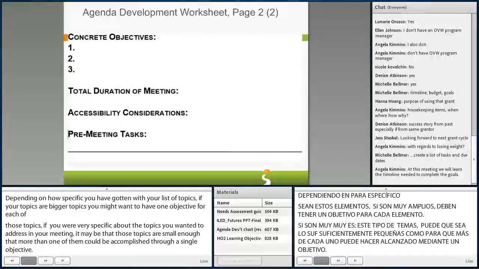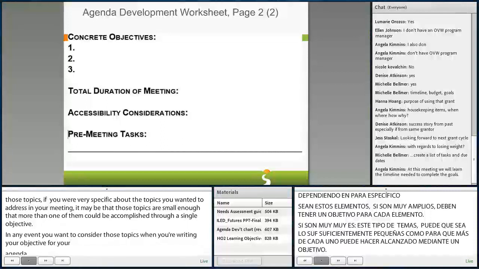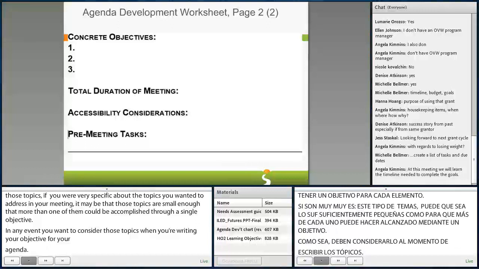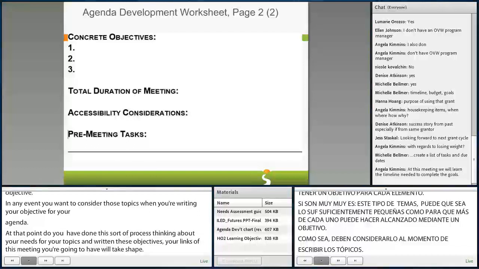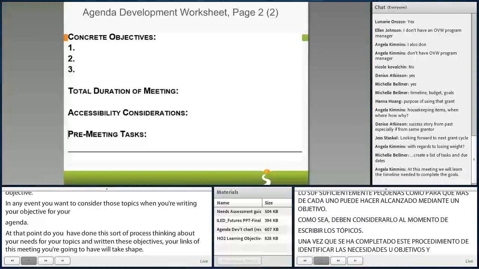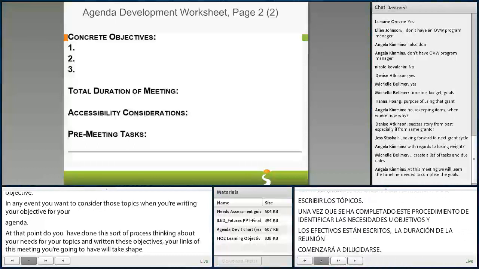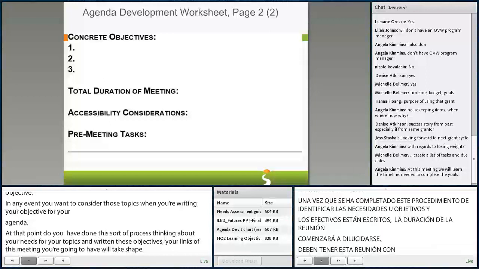So at that point that you have thought about your topics and written these objectives, the length of the meeting will take shape. If you went into this process knowing that you had to have a meeting with, as we said, your OVW program manager, or your supervisor or your funder, and you had to deal with a lot of different issues, and you made a list of the topics that you had to cover, and you wrote some objectives based on those topics, the amount of time you're going to need will start to take shape, because you'll be able to see, wow, I have this many objectives.